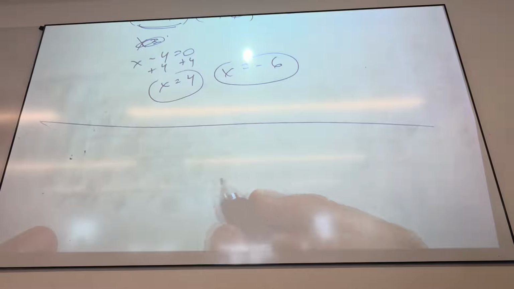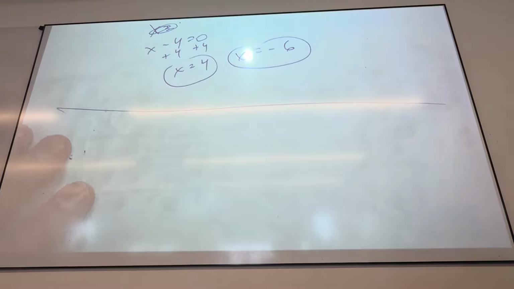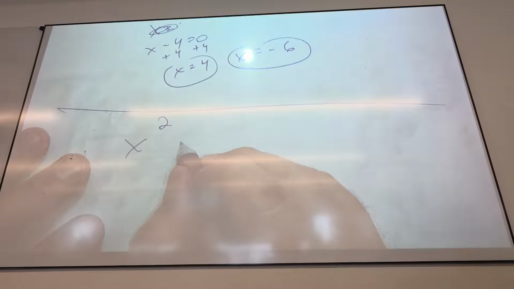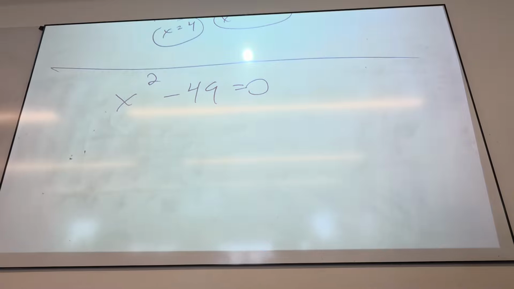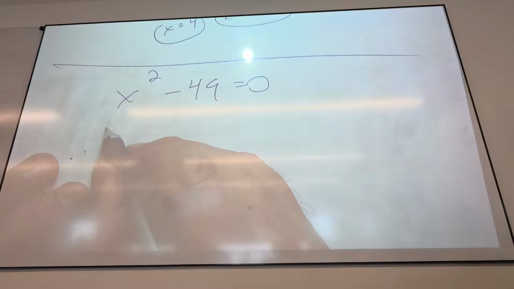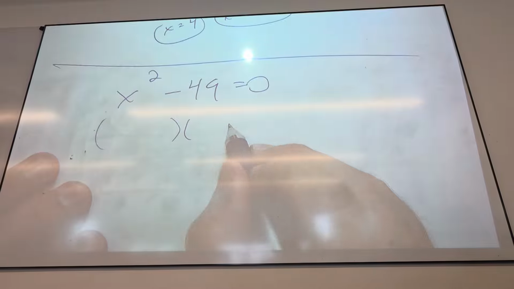So watch this. How do you do this problem here? Add 4. Oh, I see. You could, but I'm trying to lead you in a certain direction. Can you factor that?